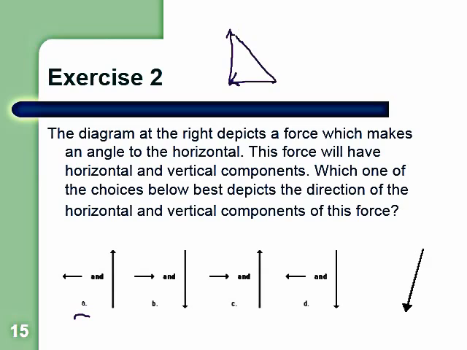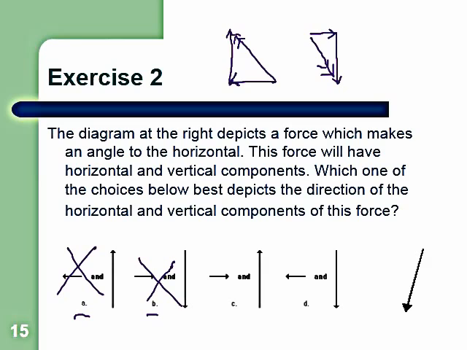You will see the resultant vector here goes in that direction, so it can't be A. Looking at B now, we have again the vertical component and nose to tail, again B goes in that direction, so it can't be B.